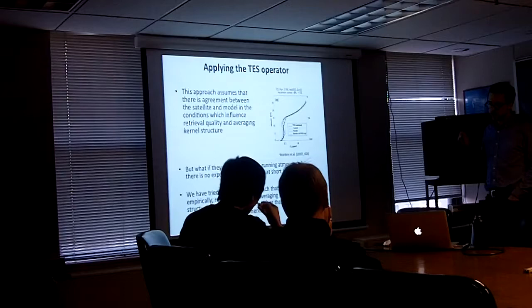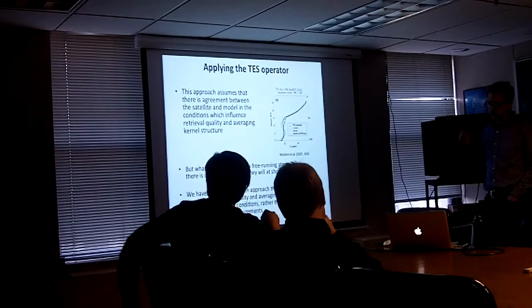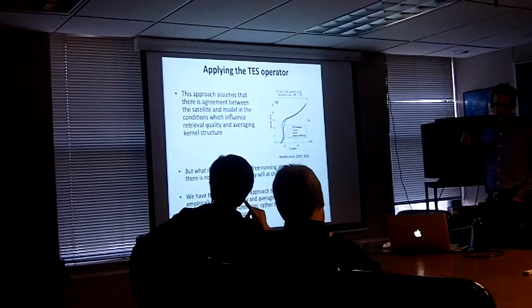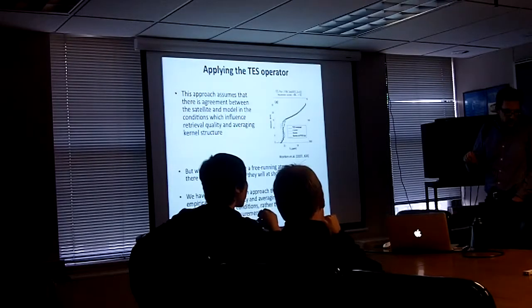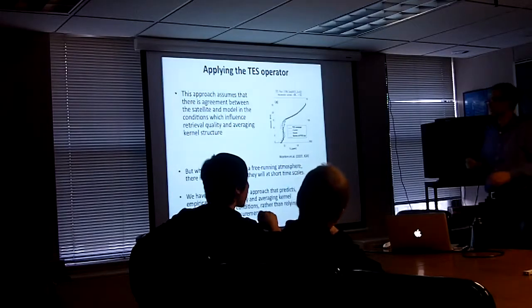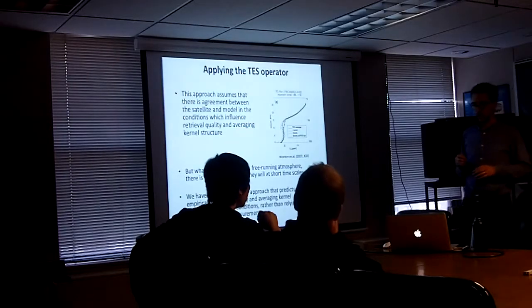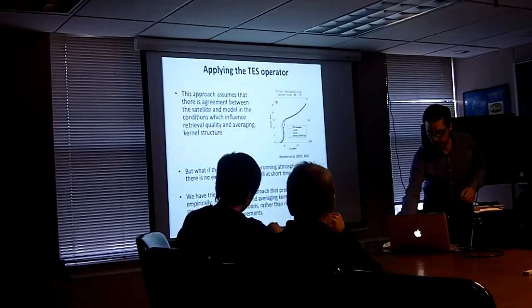So we've tried to develop an approach that predicts in a very empirical or statistical way the retrieval quality and averaging kernel structure from the actual model conditions. So looking at the cloud cover in the model and saying, well, what would tend to be the associated averaging kernel for those conditions, rather than relying on the collocated measurements.